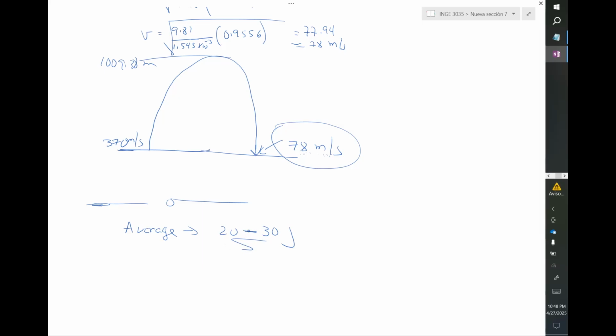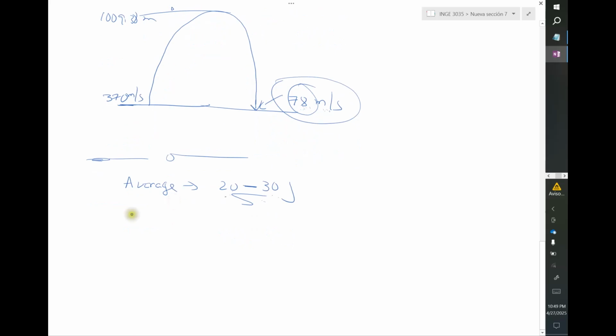Bad too. What I'm saying is, let's calculate the energy of this, and let's see whether it falls within this number. Anything above 30 definitely will kill you. In fact, you can compare the amount of energy when the bullet is at 370 versus when the bullet is at 78. So let's make some calculation. The kinetic energy is 1/2 mass times the velocity squared.